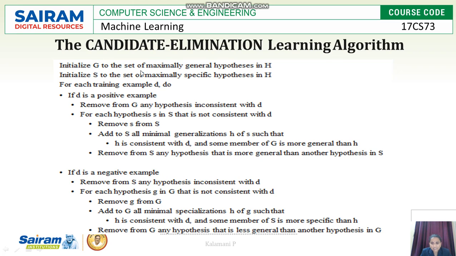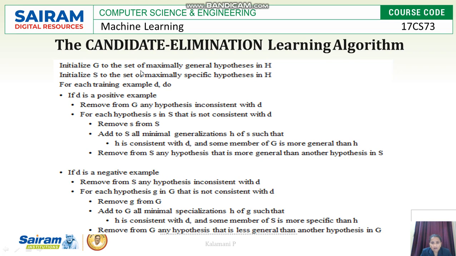If inconsistent, it will be removed from G. For each hypothesis s in S that is not consistent with d, S is the most specific hypothesis. If it is also not consistent with d, remove s from S.